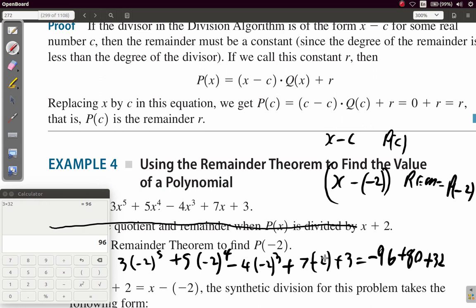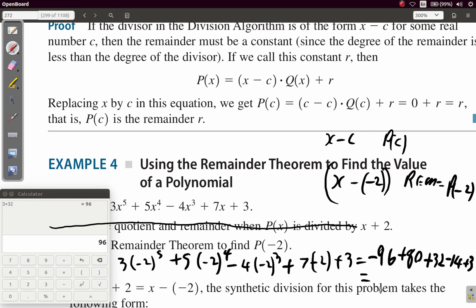Then 7 times negative 2 will be negative 14, plus 3. So what do you get here? You're going to have negative 96 plus 80 plus 32 minus 14 plus 3.